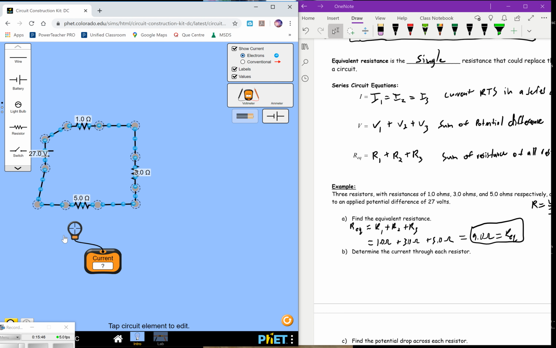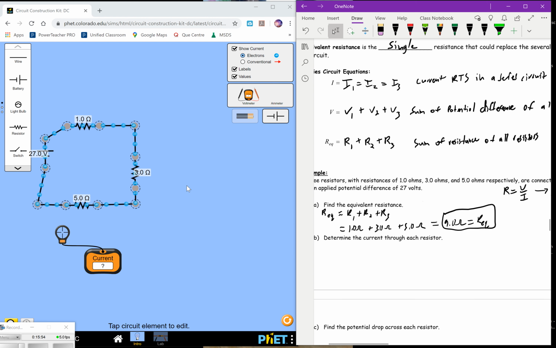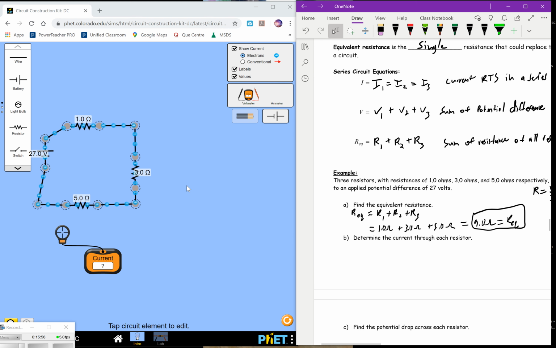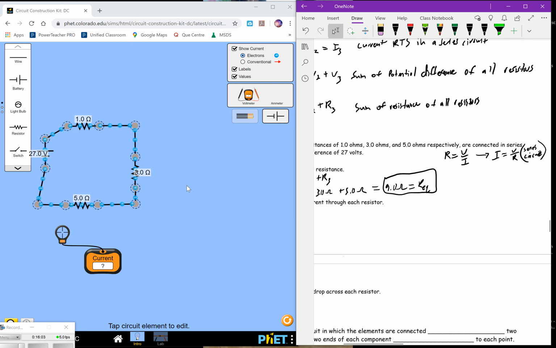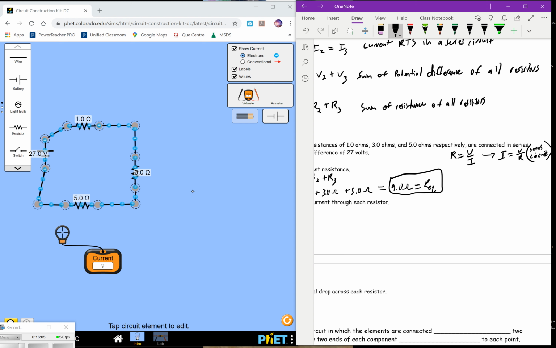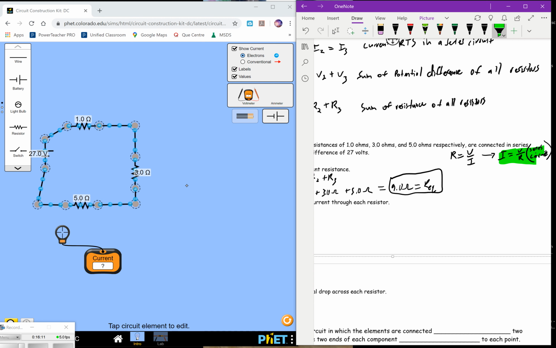Now at any point here, to determine current, well, we know current remains the same in a series circuit. So the current through each resistor should be the same. Like I mentioned up here, let's use our alternate form of Ohm's law for series circuits.